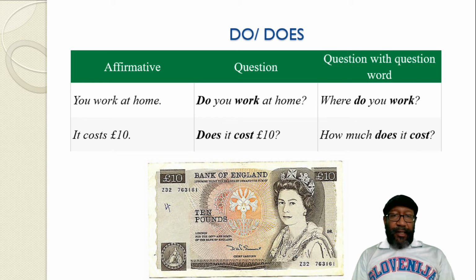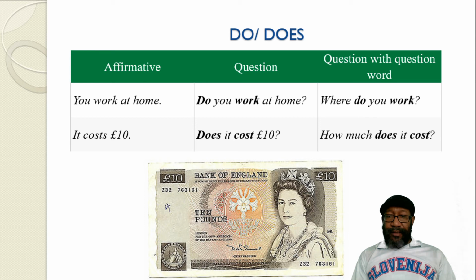Then we have here, it costs 10 pounds. You see, the pound is the currency of England. Okay, as you can see, Bank of England. And this is the Queen, I guess. Does it cost 10 pounds? Or how much does it cost?